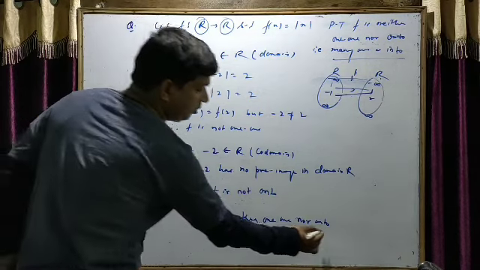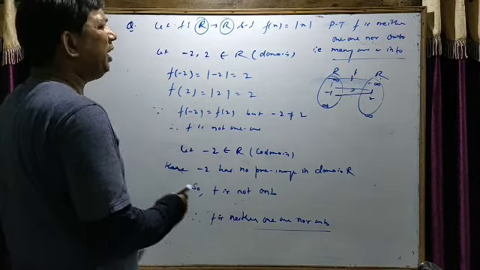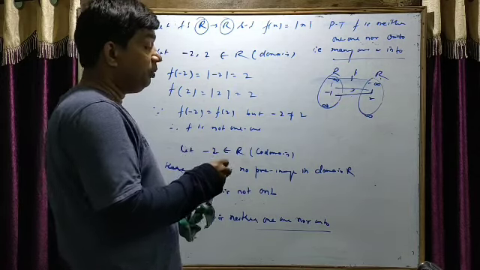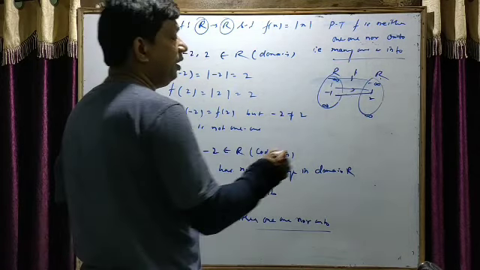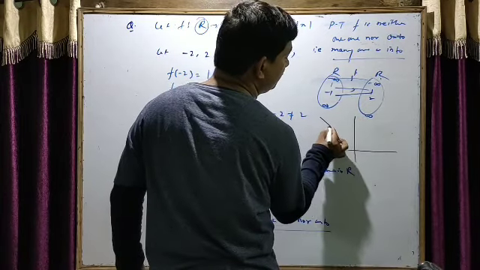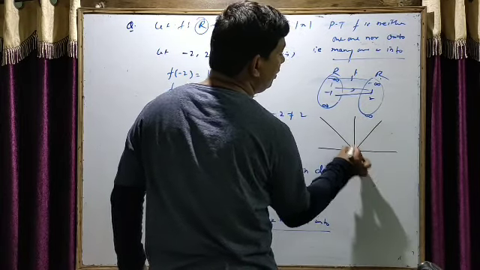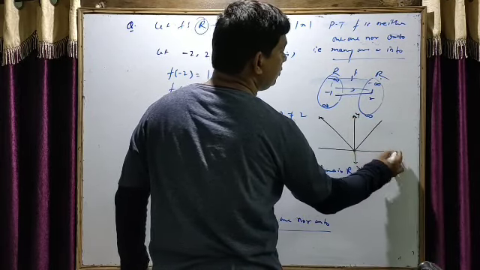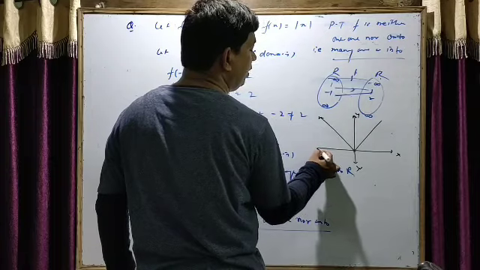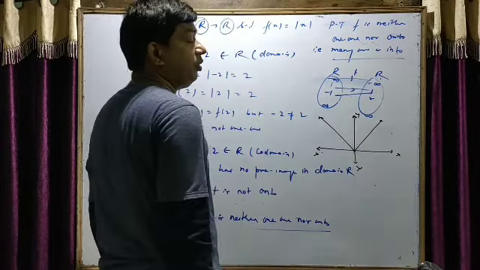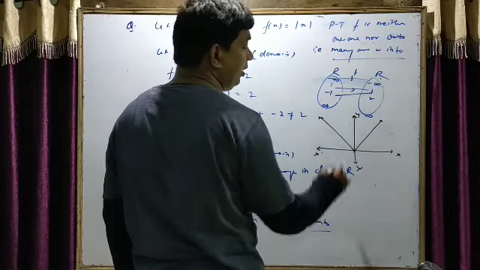And by graph also we can check whether it is many-one or not. I told you earlier, the graph of the modulus function, you just see. The graph, y' and x'. How to check it is one-one? I told you, draw one line parallel to the x-axis.